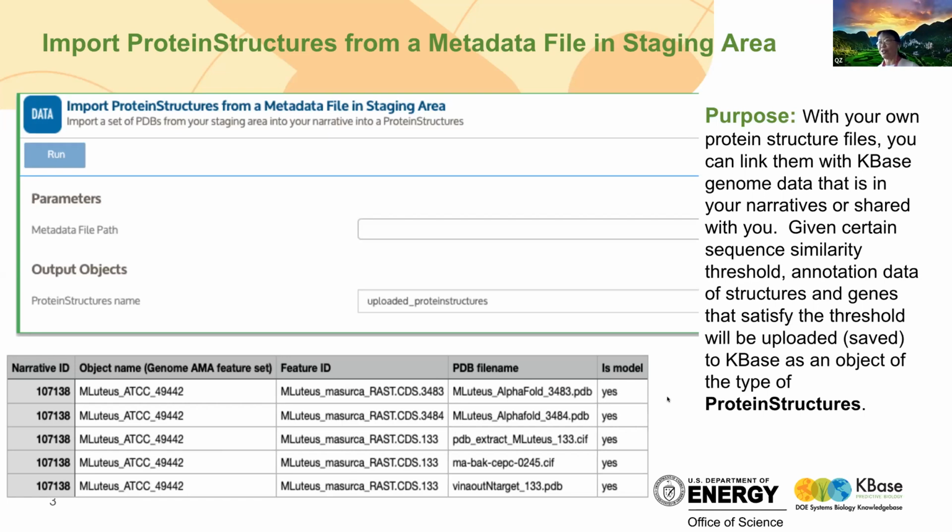So the first app is basically for when the user has his or her own structure files already. For example, I ran the AlphaFold tool to get the structures, PDB files. I should have asked for CIF files at one time.